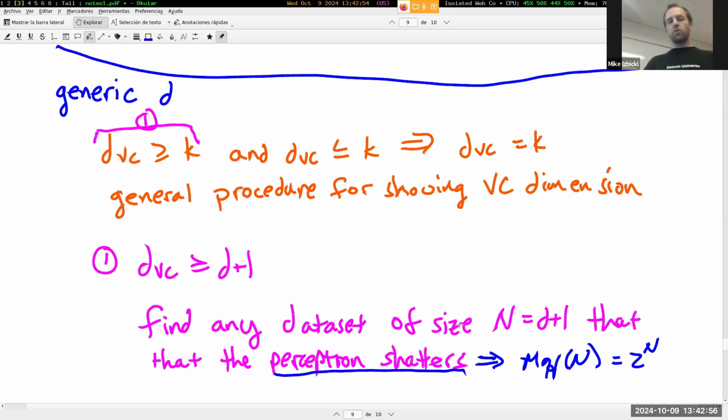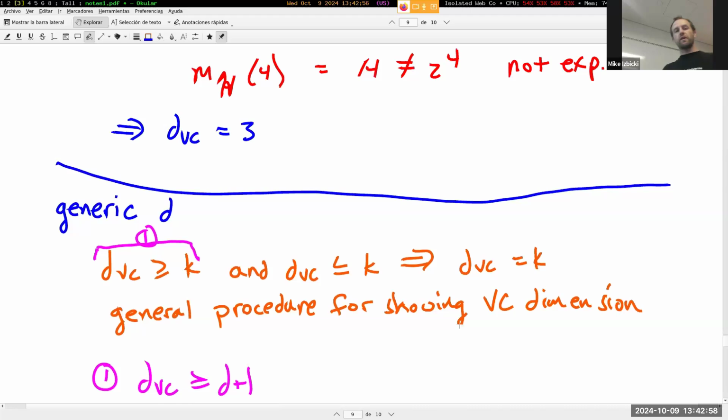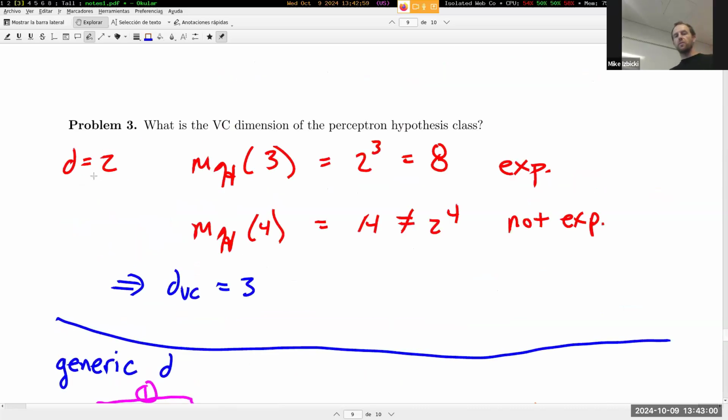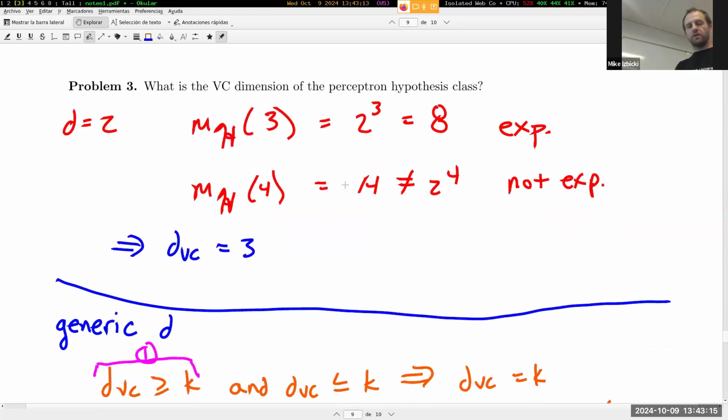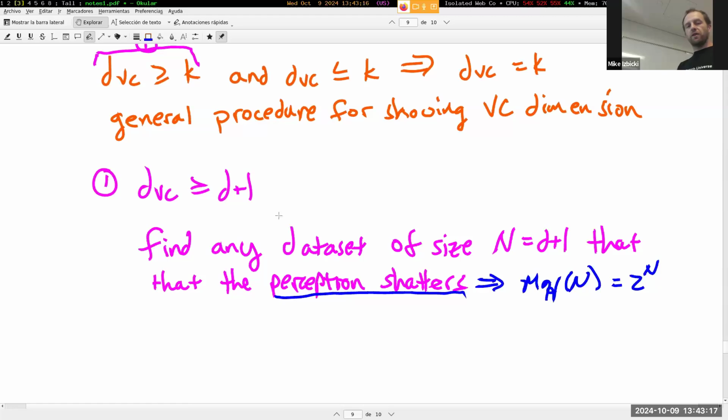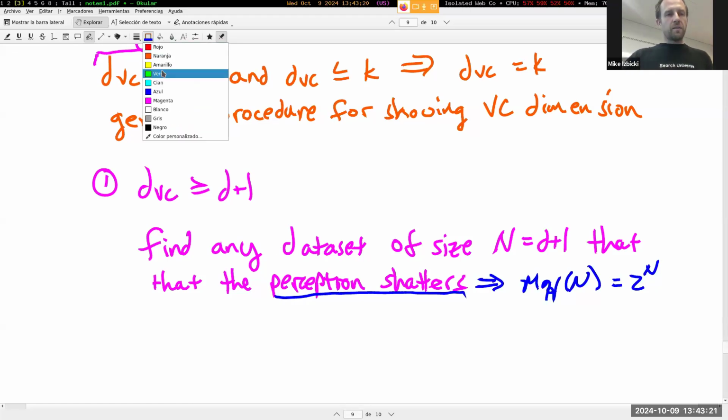But the intuition here agrees with our D equals 2 example up above: if we had D equals 2, then we could come up with a set of size D plus 1, size 3, that we were able to shatter. And the intuition there is the important part. So DVC is greater than or equal to D plus 1.